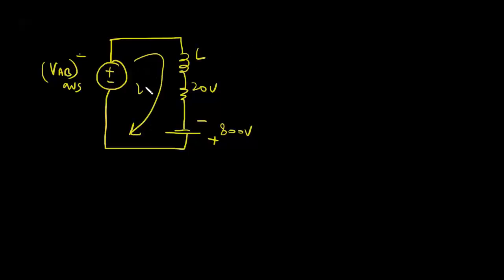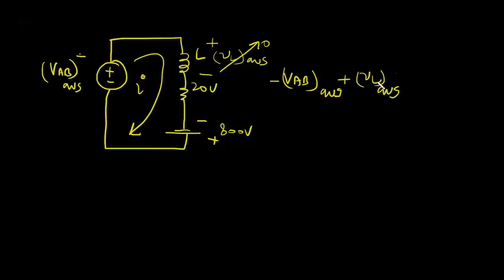Let's say the current is I. Under steady state, the voltage across the inductor, VL average, will be 0. So now you can apply KVL in this circuit: minus VAB average plus VL average plus I average into 20 ohm minus 800 volt is equal to 0.